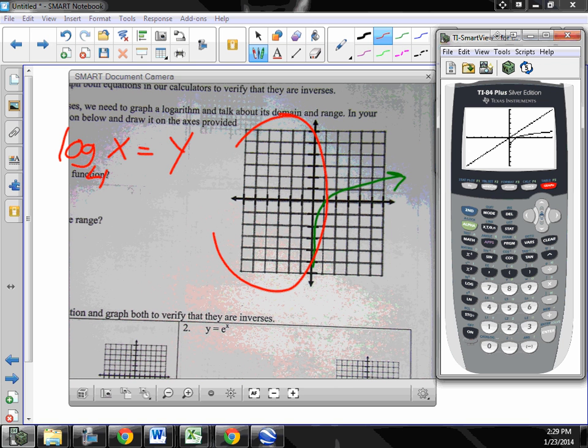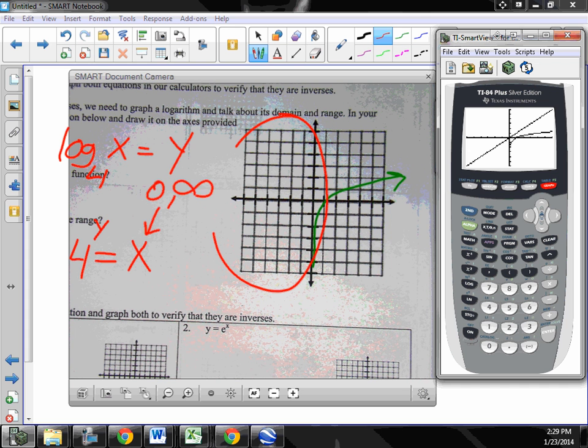So in exponential form, this would be 4 to the y equals x. And the claim is, no matter what y values I use, this x is going to be restricted from 0 to infinity. Essentially, there's no way to get a 0, and there's no way to get a negative number.